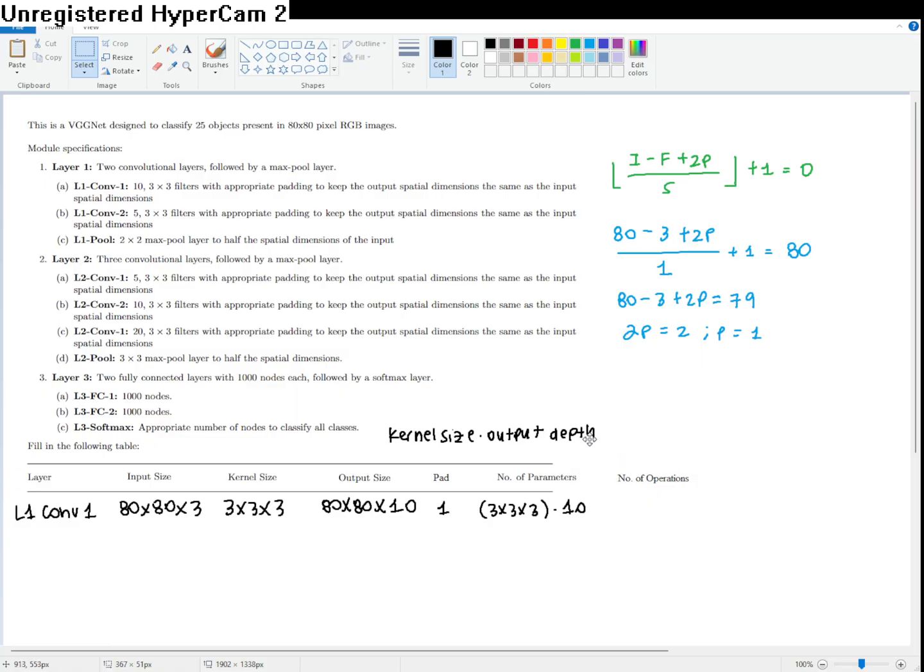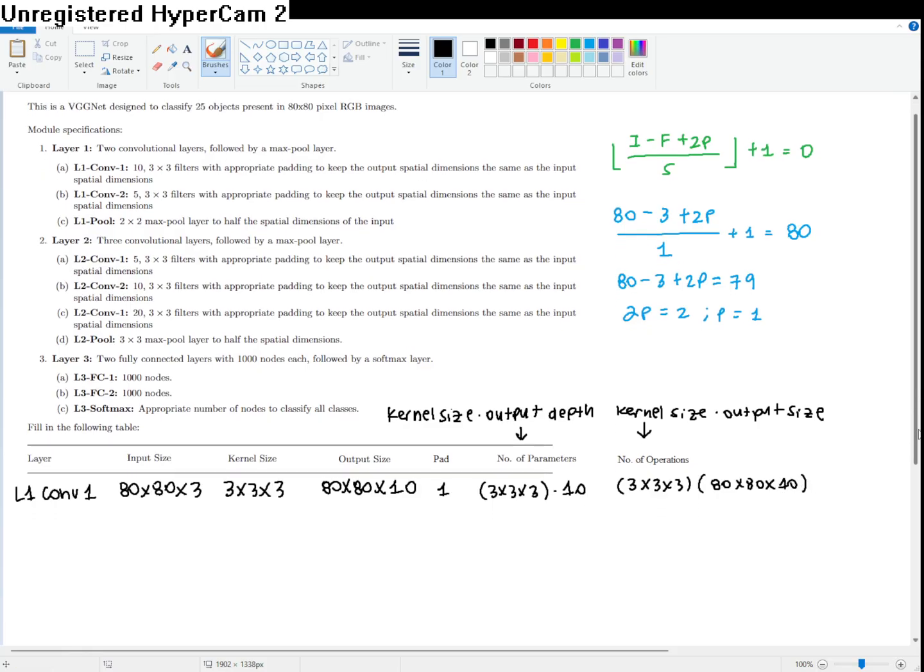And then the number of operations is going to equal the kernel size times the output size. So that's going to be 3 by 3 by 3, and we multiply it by 80 by 80 by 10.